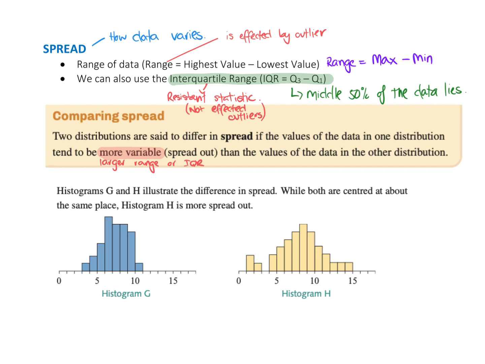So if you're more variable, the number that you calculate for the range or the interquartile range will be larger than the other one, okay? So that's what they mean when they say one's more variable.